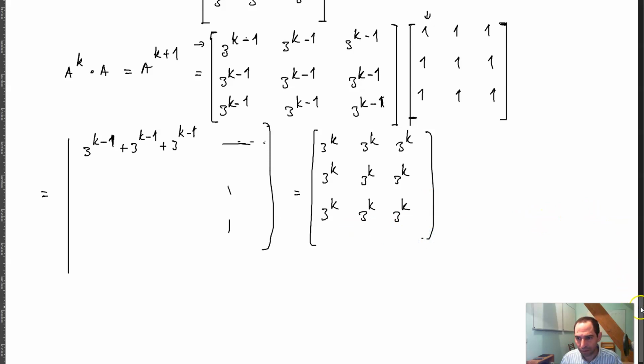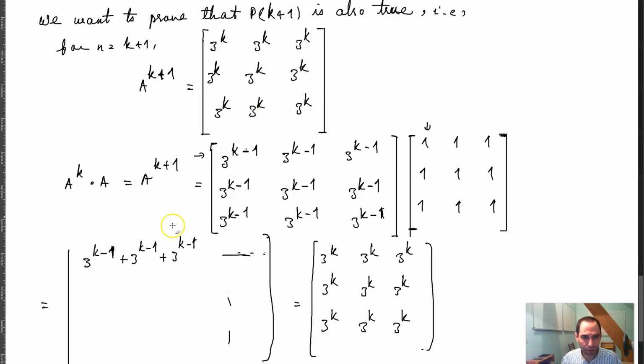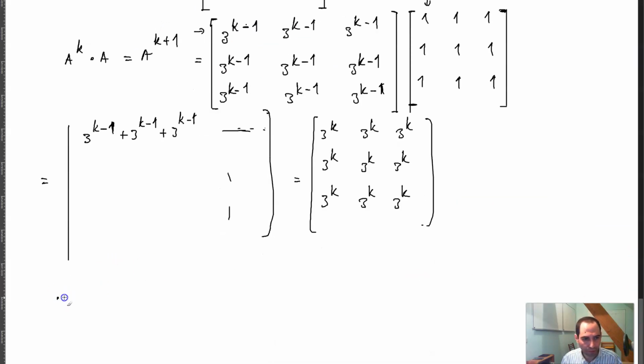And therefore you can see that A raised to the power k plus 1 is equal to this expression or this matrix, which means that this statement is true, right? Therefore P of k plus 1 is true.